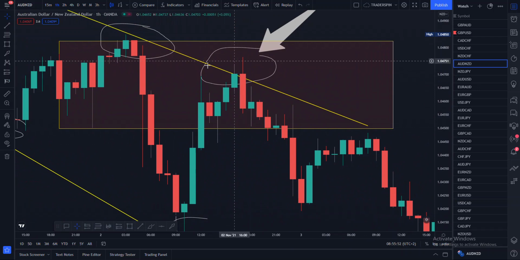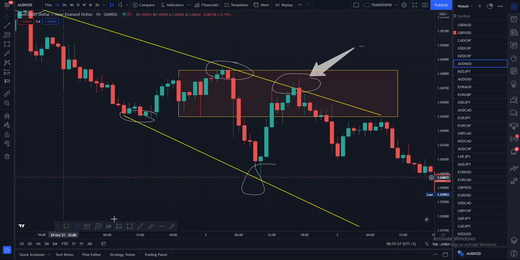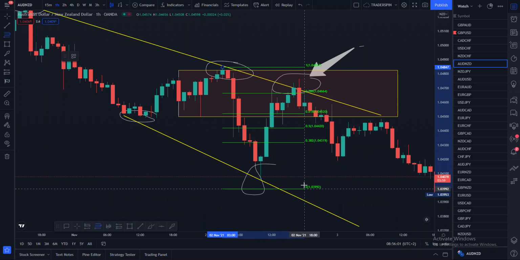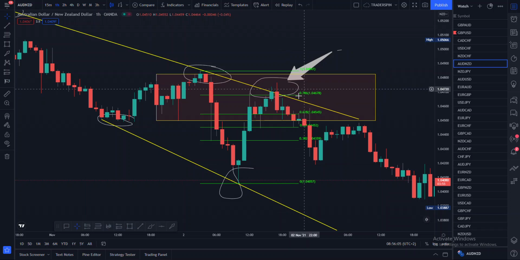that's your pattern, beautiful pattern, right? And then you come back to your Fibs, okay, to see if it is at least at the 0.5 zone, and you can see that it is at the 0.786 zone, and that is actually what you need.